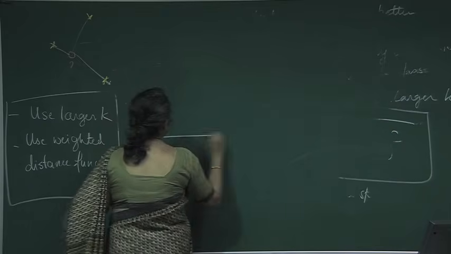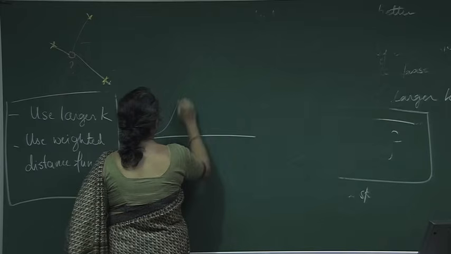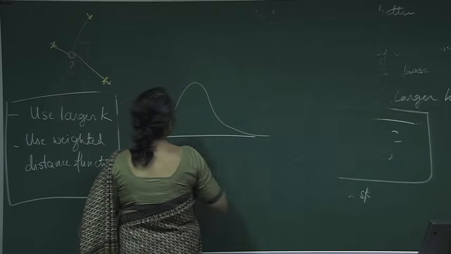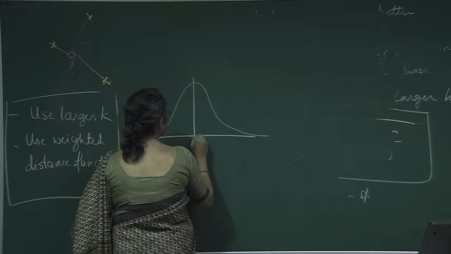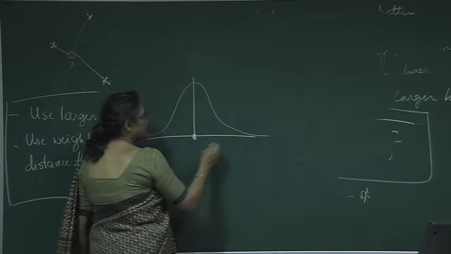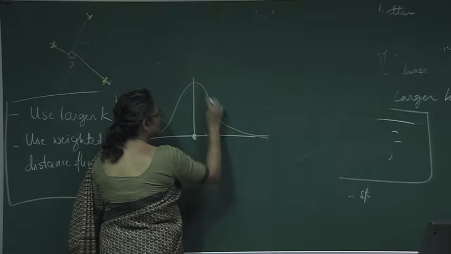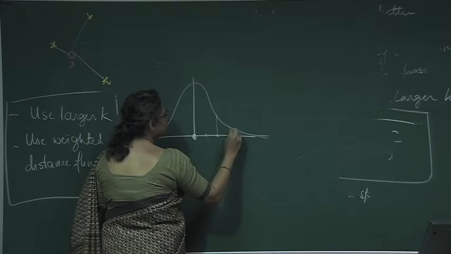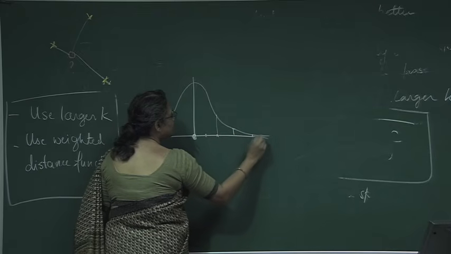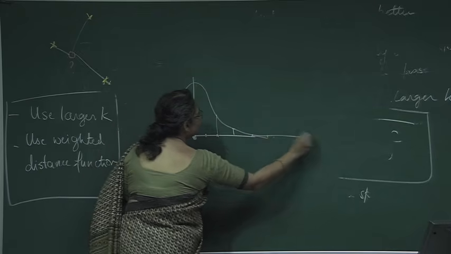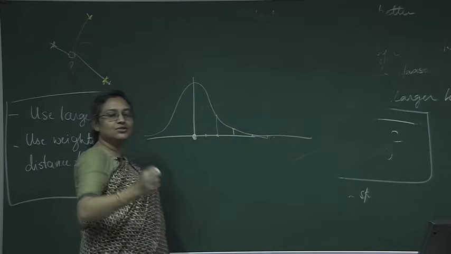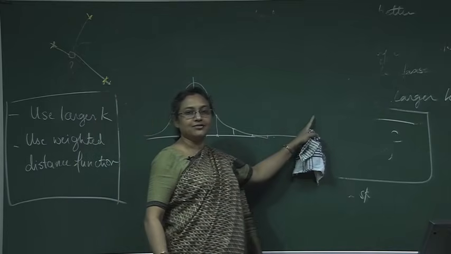This is very rough, but still a Gaussian function. Suppose this is your test point. Any example which is here will get this much weight, an example here will get this much weight, and examples further away will get almost 0 weight, but will still get some value of weight.